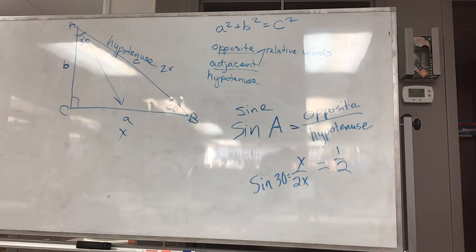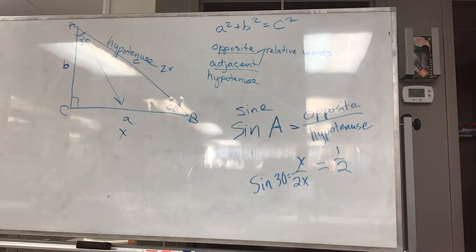Sorry, you should be putting in sine of 30. You're in radians. We want to go to degrees. Okay. Try this one more time.